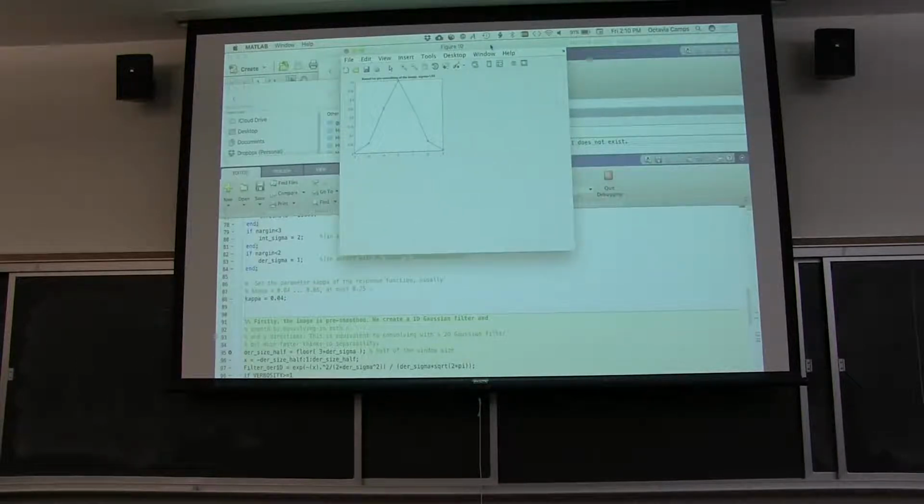The first thing that this program is doing is finding the Gaussian filter that is going to be used for convolutions. This is an approximation of a 1D Gaussian with width 5, actually 7, from -3 to 3. So this is the filter that is going to be used for smoothing.